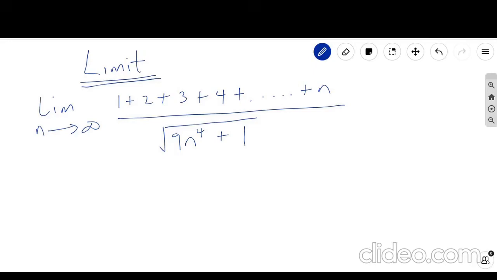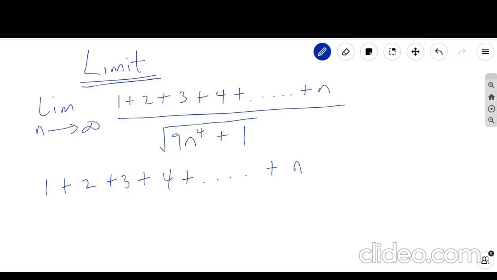To solve this, the first thing we need to do is simplify the one on top, the numerator, which is 1 plus 2 plus 3 plus 4 plus till n. If you remember very well, under series and sequences, arithmetic progression and geometric progression, this is an arithmetic progression or a linear sequence.